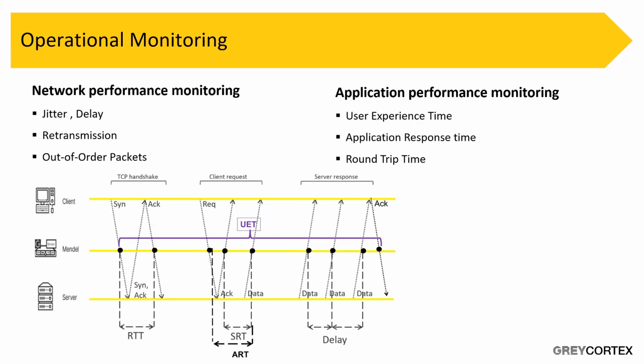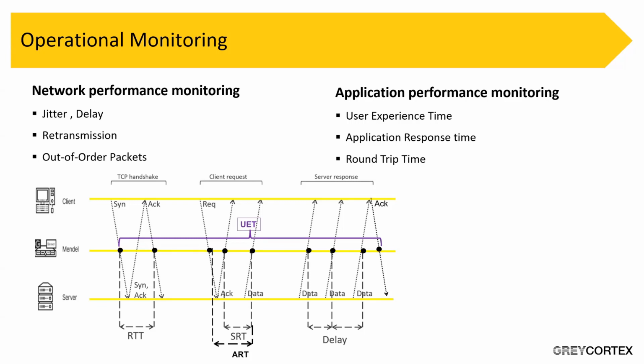But how to do it? That means that you need to be somewhere in the network, and to see the complete round trip time, like you know in Wireshark, you can also see the round trip time, and you will see there is a part which measures the time between the Wireshark interface and the server, and a part between the Wireshark interface and the client, and together that's the complete round trip time.